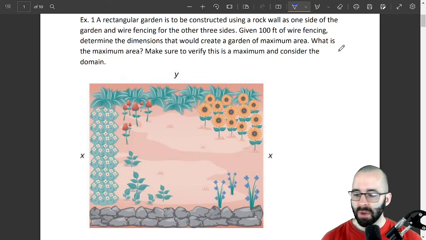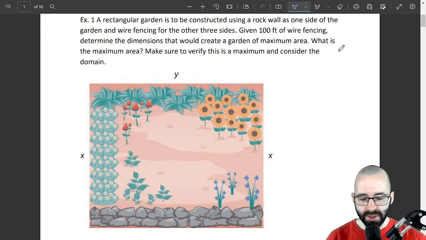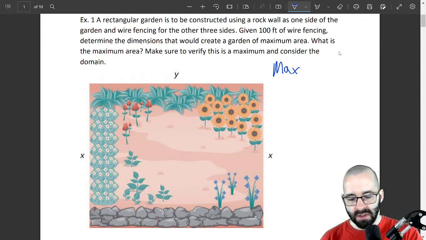There's a lot of ways of doing this, and you've done a lot of similar problems to everything in this section in pre-calculus probably. Okay, so here's what we do. We're going to start off by writing out what we are trying to find the maximum of. We're trying to maximize the area, right? Find the dimensions that would create a garden of maximum area.